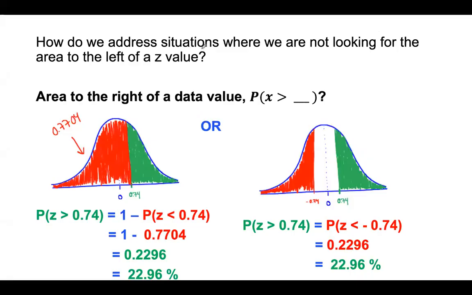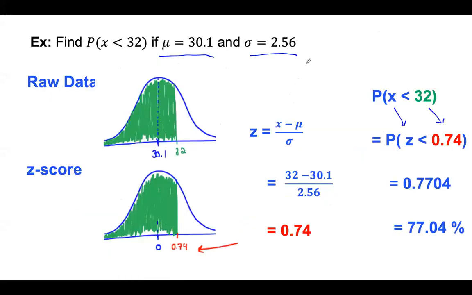So how are we going to address situations where we are not looking for the area to the left? Suppose we're looking for the area to the right. This is about the trick of symmetry. Before, X was less than a value. What if X is greater than some value? Previously we were looking at Z less than 0.74.